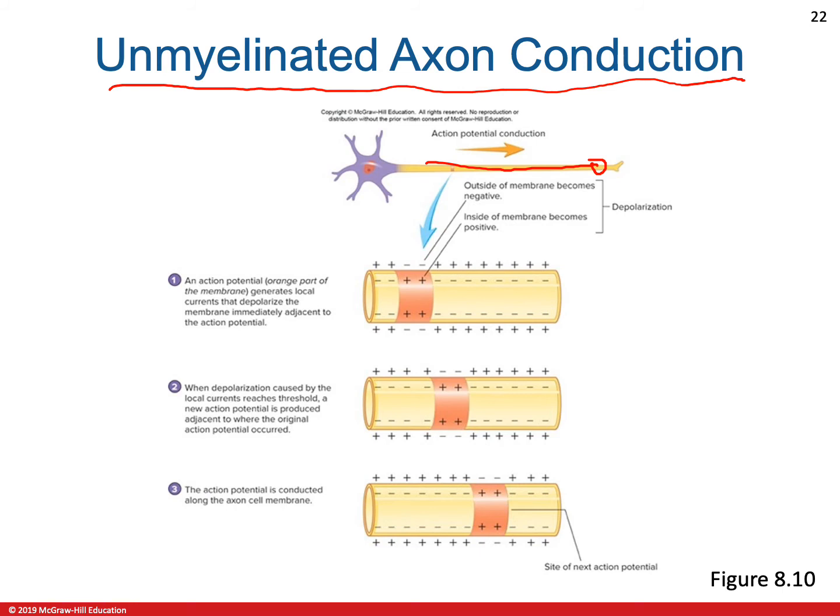So if this is the action potential, it will generate slowly along its membrane. When depolarization caused by the local current reaches threshold, a new action potential is produced adjacent to where the original action potential occurred.